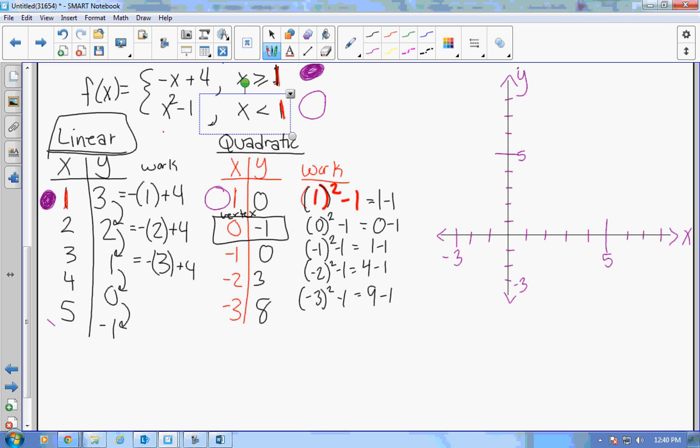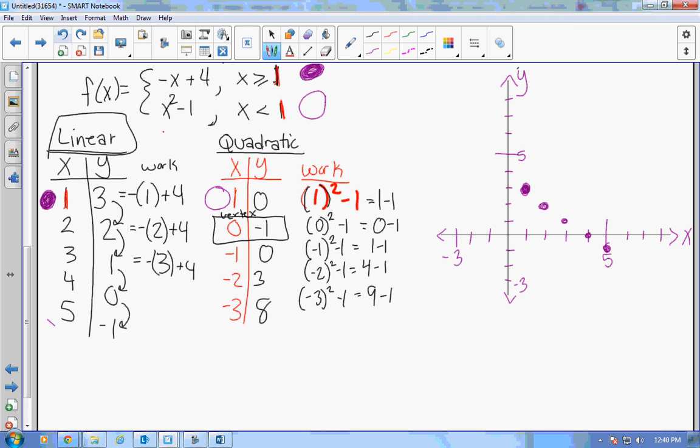Okay, so now we're ready to graph this linear. I'm going to put a filled-in circle at 1, 3. Nice and big. Filled-in circle at 1, 3. And then plot the other points: 2, 2, 3, 1, 4, 0, 5, 1.